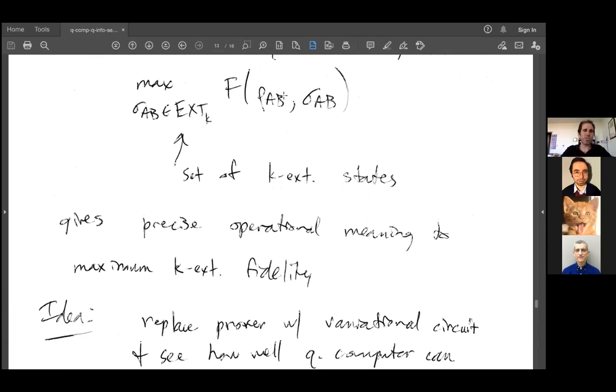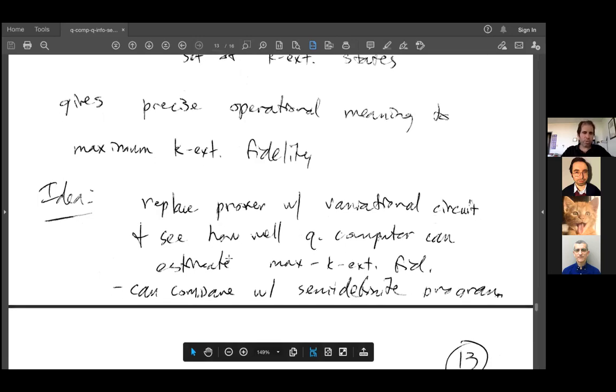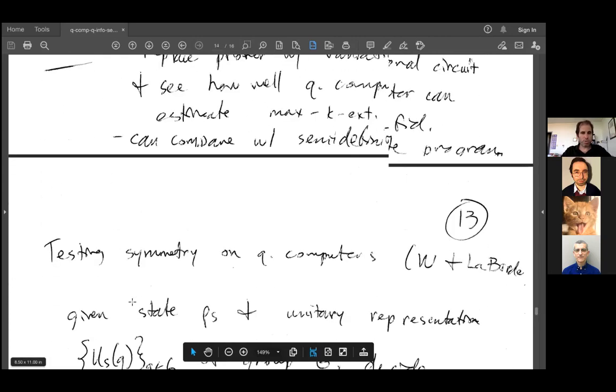If we have a description as a matrix, then this quantity can be calculated by means of a semi-definite program on a classical computer. Okay, so for small circuit sizes, we can benchmark the performance of the variational quantum algorithm with the true value from the semi-definite program.